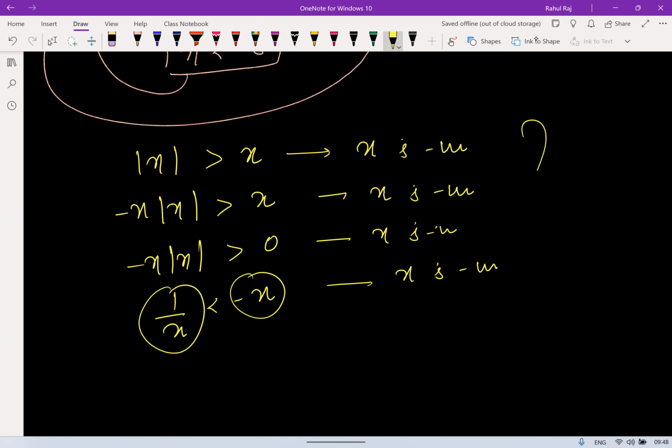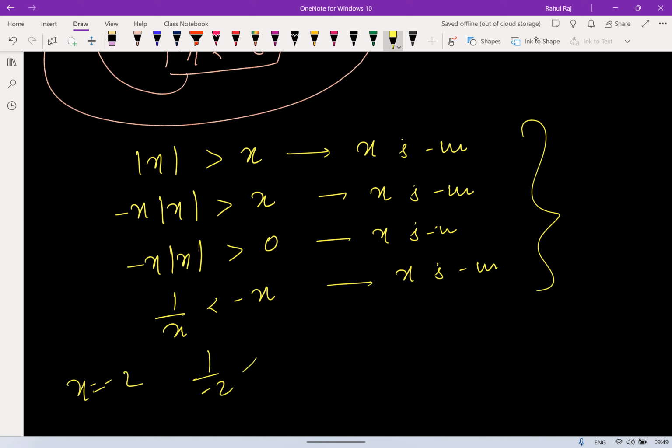But there was no mod in this one. How does it matter whether there is a mod or not? Take x equal to -2. 1 by -2 is less than negative of -2, that is 1 by -2 is less than 2. Because if you take x negative here, it becomes a positive value, and this will be a negative value. So negative is less than positive. So remember to include both negative signs.